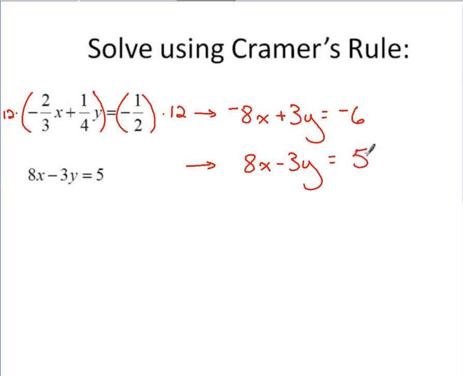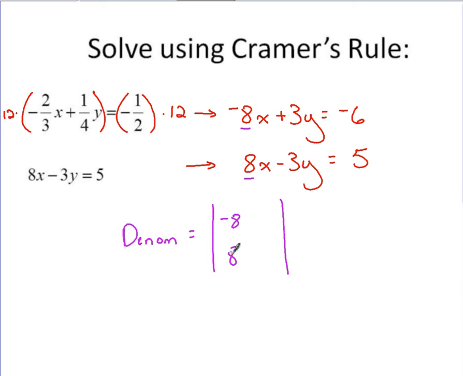You should notice something interesting happening here. Right? I mean, think about the other methods that you know to solve these, right? Something interesting should happen here when we solve. So let's take that denominator determinant that we set up first on the last problem. Figure out what that's going to be. The denominator determinant involves the first column where we're taking the coefficients on the x's, so it's -8 and 8.